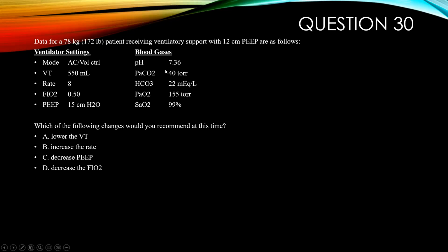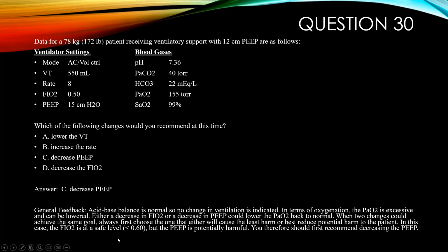Blood gases: pH is 7.36, PaCO2 is 40, bicarb is 22, PaO2 is 155, the SAT is 99. Which of the following changes would you recommend at this time? A, lower the tidal volume. B, increase the rate. C, decrease the PEEP. D, decrease the FiO2.